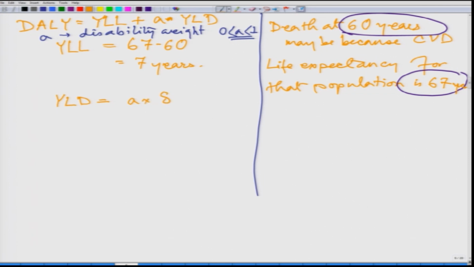My A value is 50%, so 0.50 into 8, which is 4 years that the person has lived with the disability. Out of those 8 years, 4 years he has lived with the disability, and 4 years he has not.